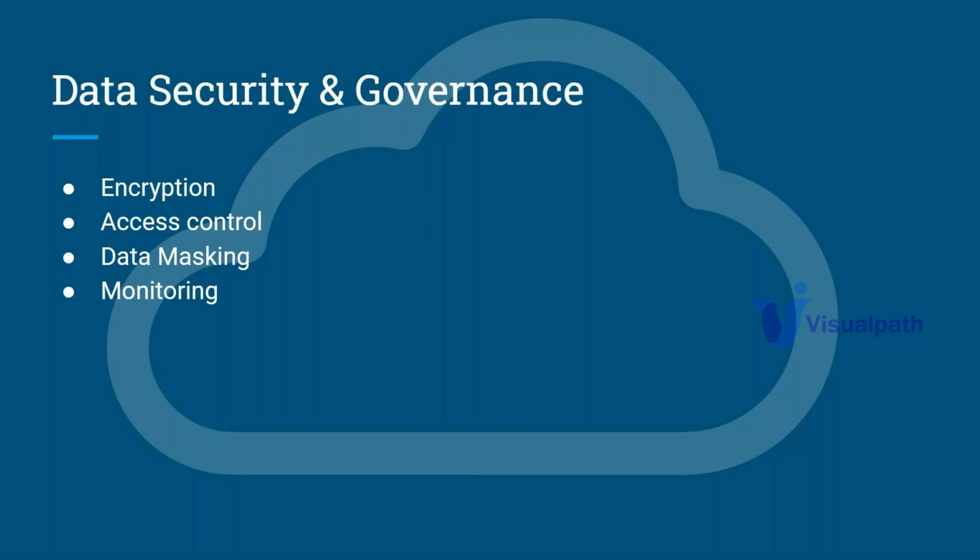We need to maintain a few security measures, which can be encryption, access control, data masking, and monitoring. Encryption applies when we are migrating data from an on-prem server to the AWS cloud. The data will be transferred over the network.